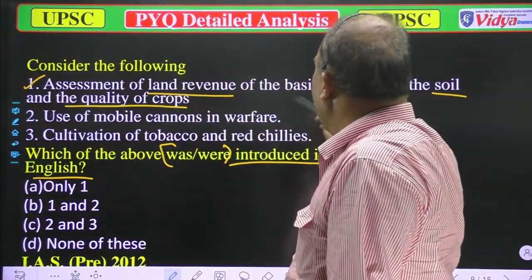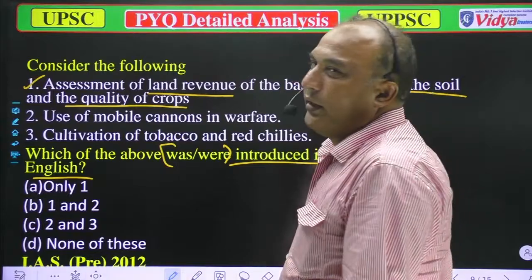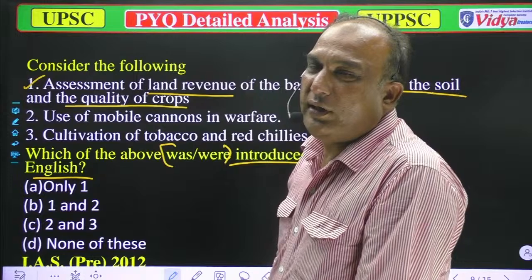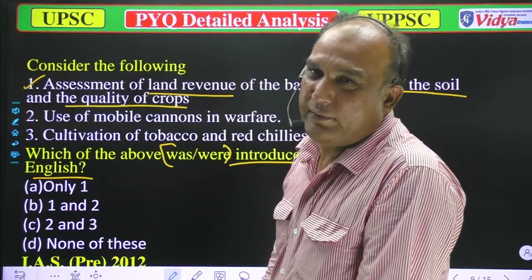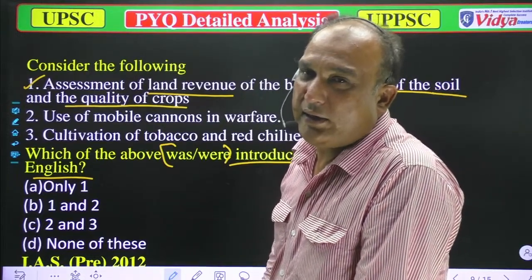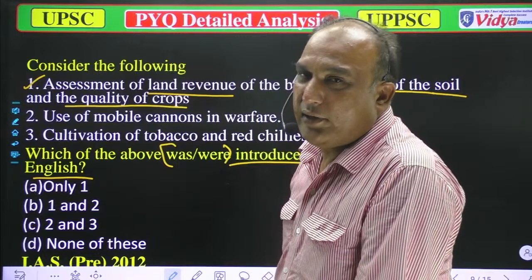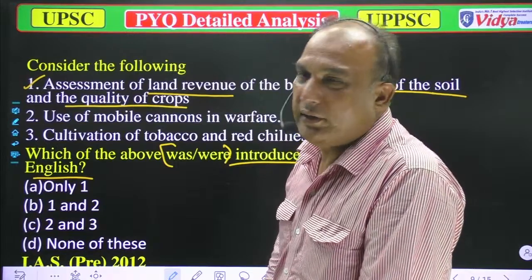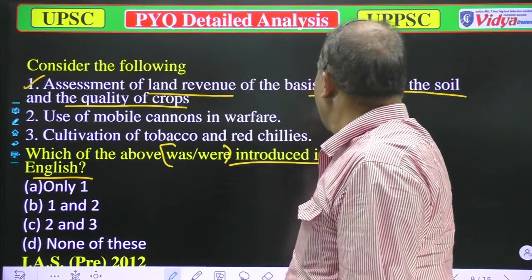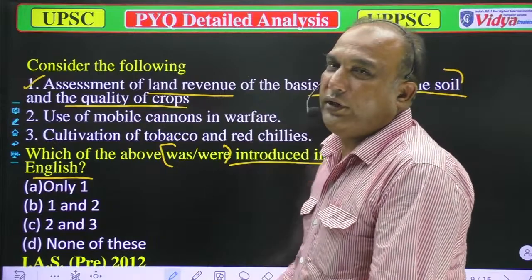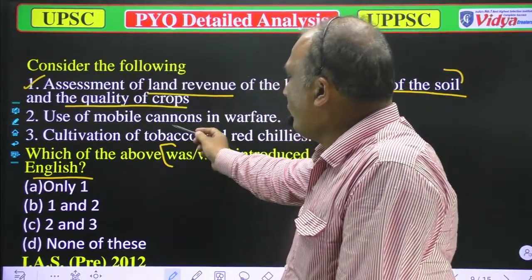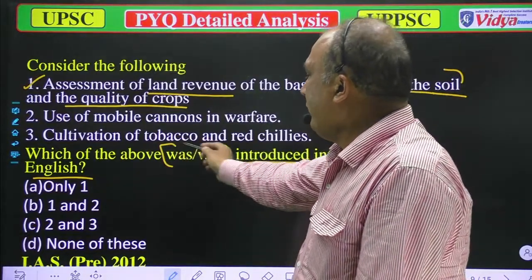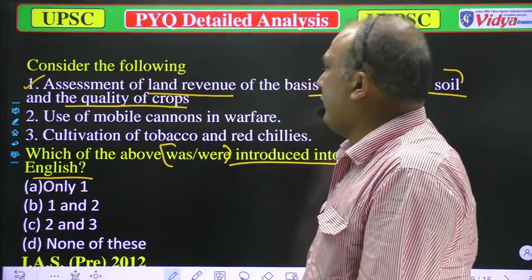But the basis of the nature of soil, that question is related with the type of land, barren land, fertile land, so there were many natures of land. So basis of nature of soil was introduced by the Mughals. Then, use of mobile cannons in warfare, and cultivation of tobacco and red chilies.